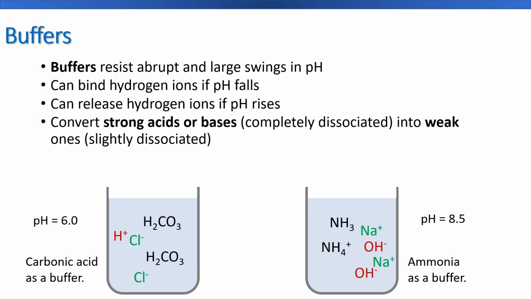But what can happen is that this ammonium ion can release a hydrogen ion and help offset the effect of all these hydroxide ions. And when it does, it's going to create a very neutral compound called water. But more importantly, it's going to remove that hydroxide ion from solution and eliminate its effect on pH. So instead of the pH being a very significant 8.5, maybe it only moves it slightly more alkaline to something like 8.0.